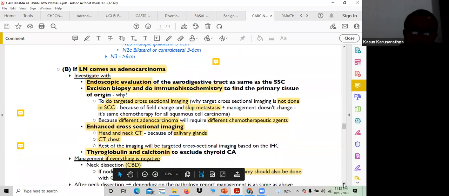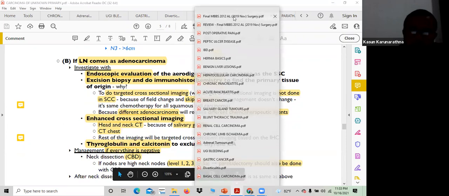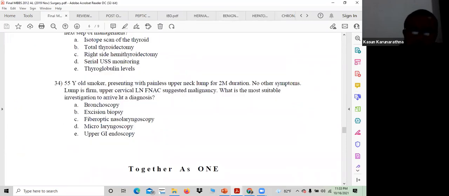So here in the question, they have given the pan endoscopies, no? They just give bronchoscopy, fiberoptic nasal laryngoscopy, all the parts. In the pan endoscopy, you do everything.